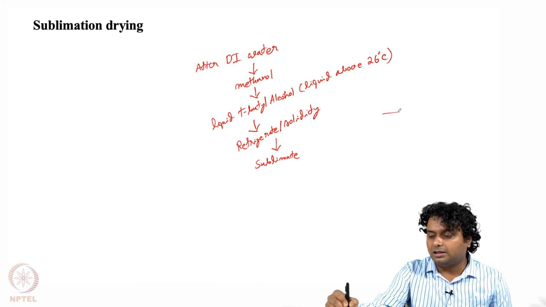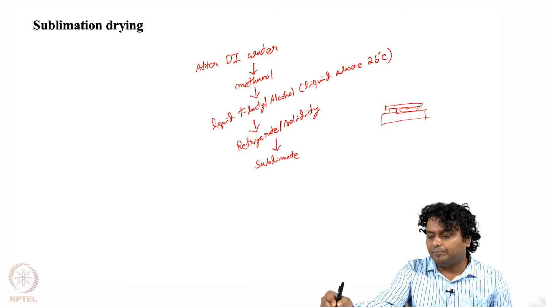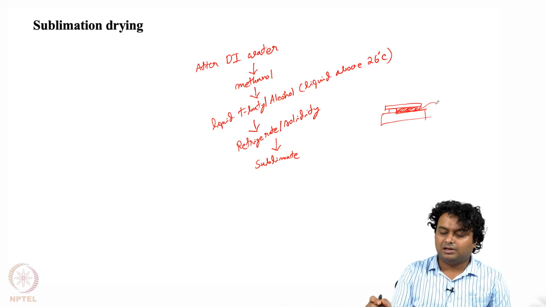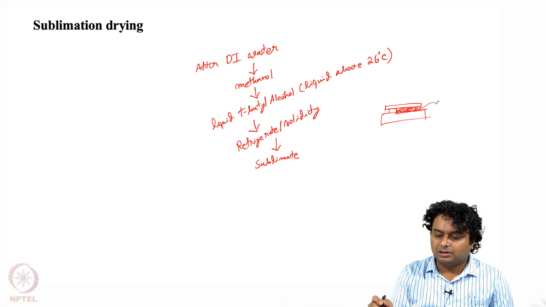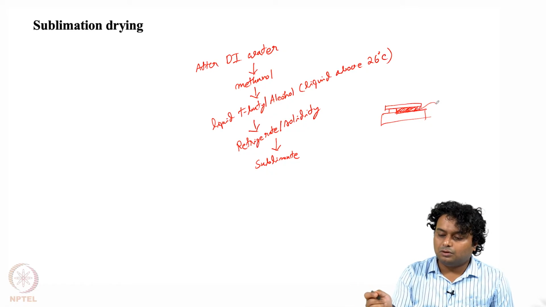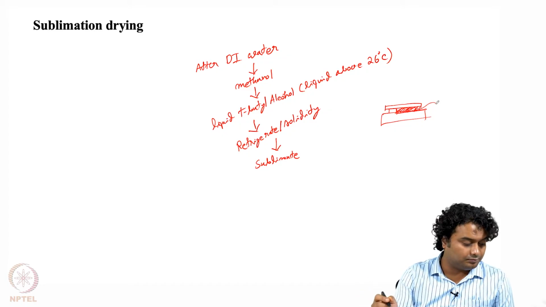As I was saying, this is a substrate and on top we have the cantilever, and in between is the gap, the region where the water was forming droplets. Now this is solid T-butyl alcohol, and it automatically evaporates from the solid phase itself, to the vapor phase. So we do not have any liquid droplet forming, or no stiction.